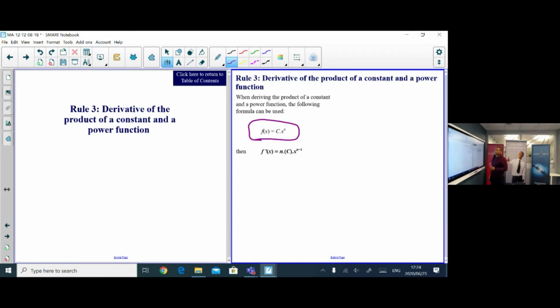C is representing any constant, any number, and then n is an exponent. So to differentiate, you use this formula. You see that nothing has changed in terms of what you are doing. You are just being told to leave the C there where it was. So C is not affected.